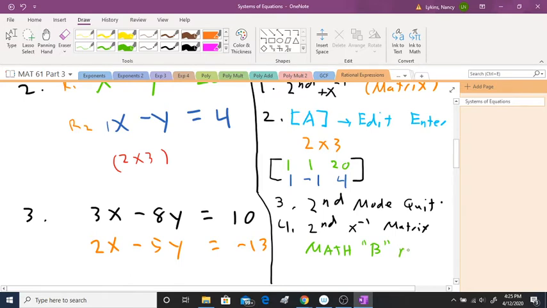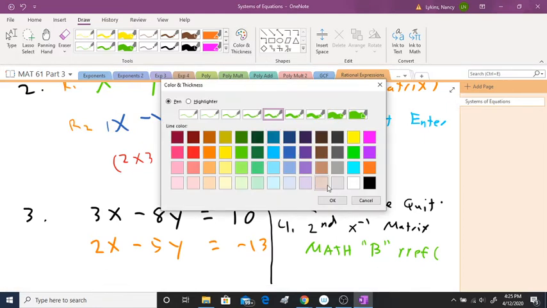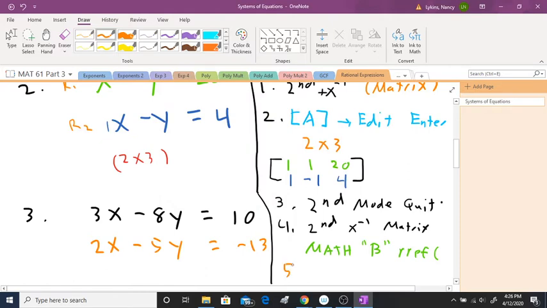It's the RREF. Hit enter, and once you hit enter, the RREF with your parentheses is on your screen.